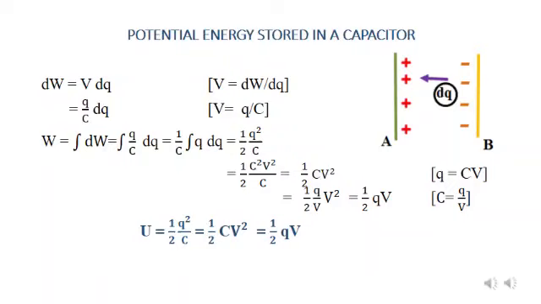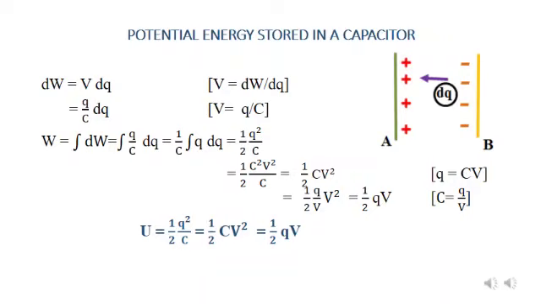Electrical potential energy stored in a capacitor. We know the work done to bring a unit charge from one point to another is the potential difference between them. Then the work done to bring a charge dq is dW equals the work done to bring a unit charge times the charge, that is V dq.